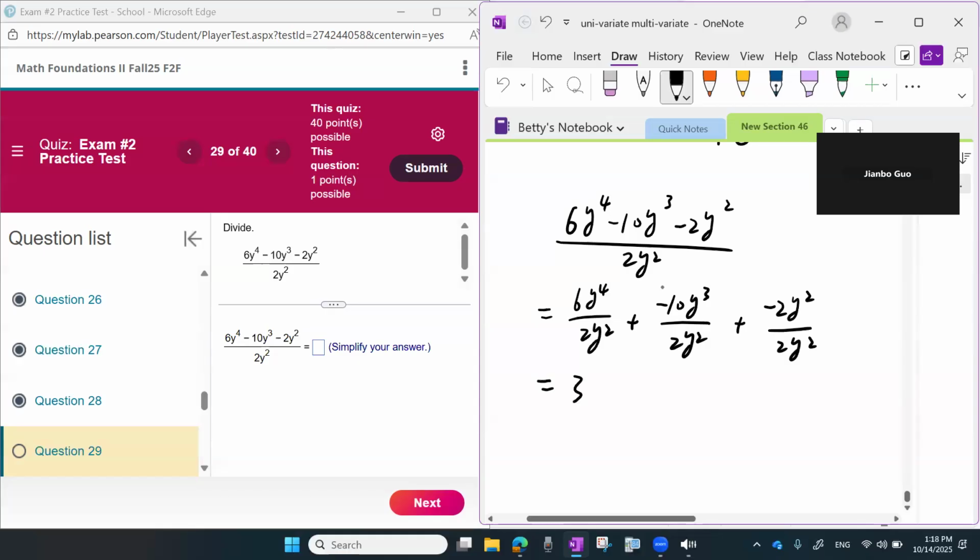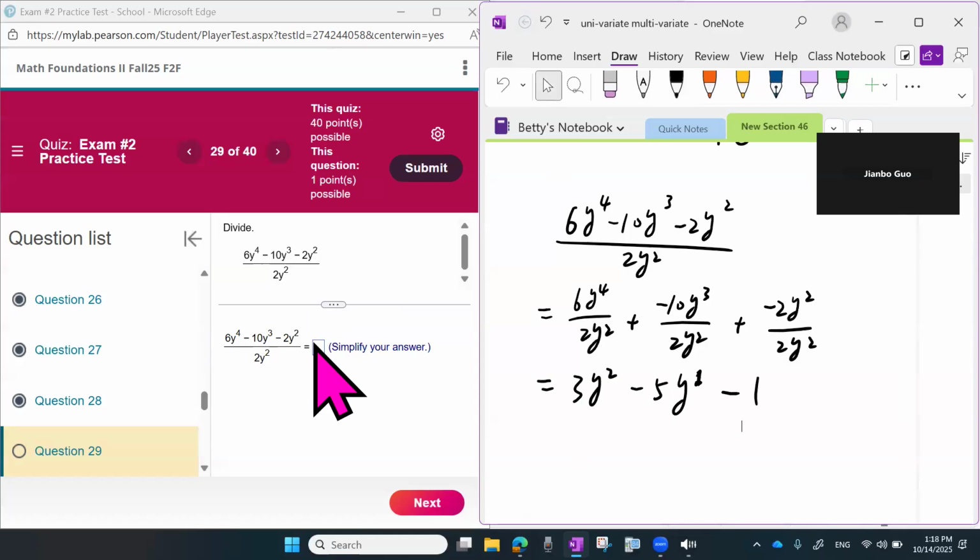6 divided by 2 is 3, 4 minus 2 is 2, y squared. Negative 10 over 2, negative 5. 3 minus 2 is 1, so y to the power of 1, or you don't have to write the invisible 1. Then negative 2 over 2 is negative 1, y squared cancels y squared. So the result is a trinomial.